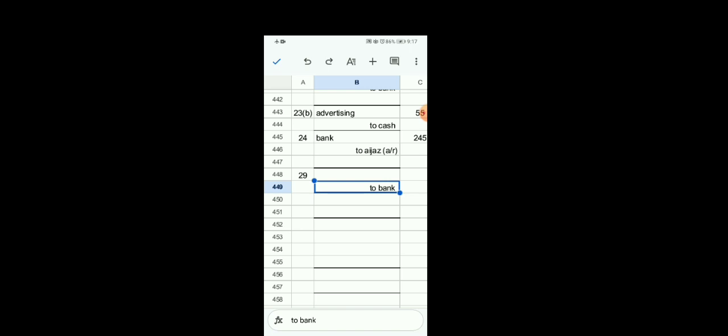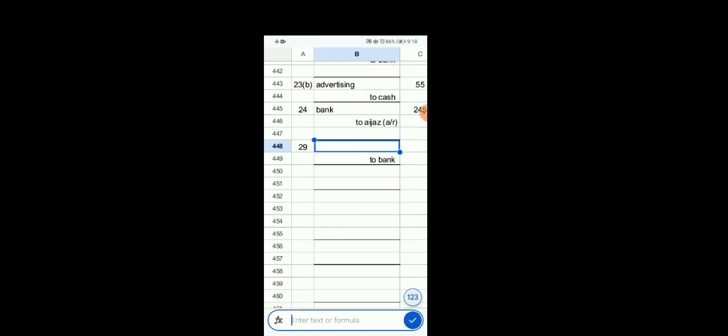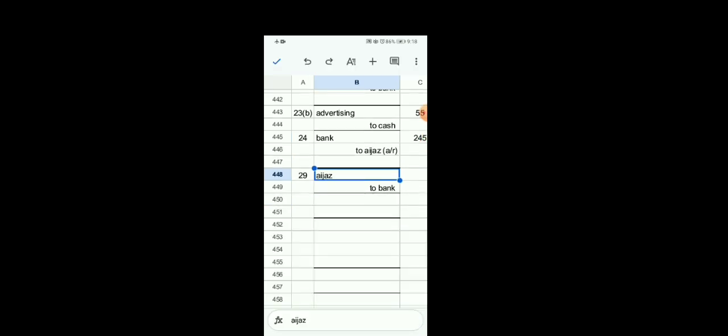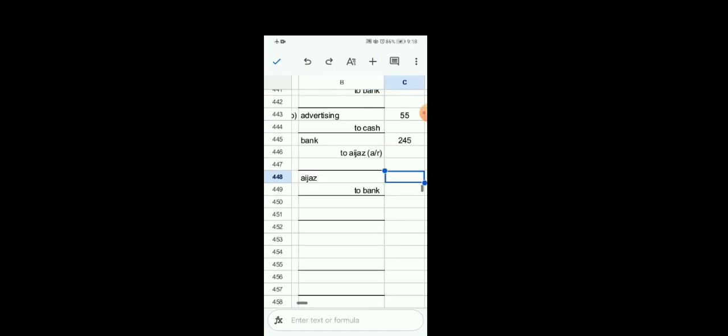If amount is not being received from Ejaz, where you will go? You will inform Ejaz and will say your check has been bounced or dishonored. You are still liable to pay. So Ejaz will become account receivable again. Account receivable means again Ejaz becomes your asset. Asset is increased. Increase in asset should be mentioned on debit side. So you will write name of Ejaz on debit side, because from Ejaz amount is still receivable.